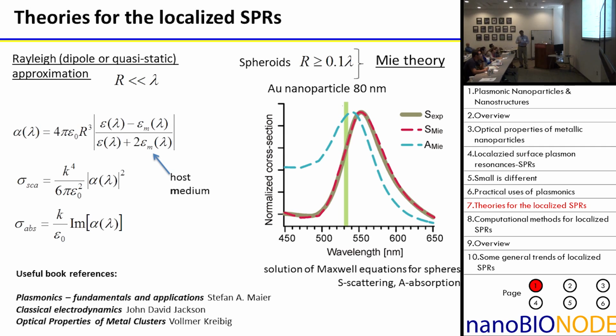In that case, we can describe the scattering and absorption cross-section, or overall total extinction cross-section, due to interaction of such particles with the light, right?